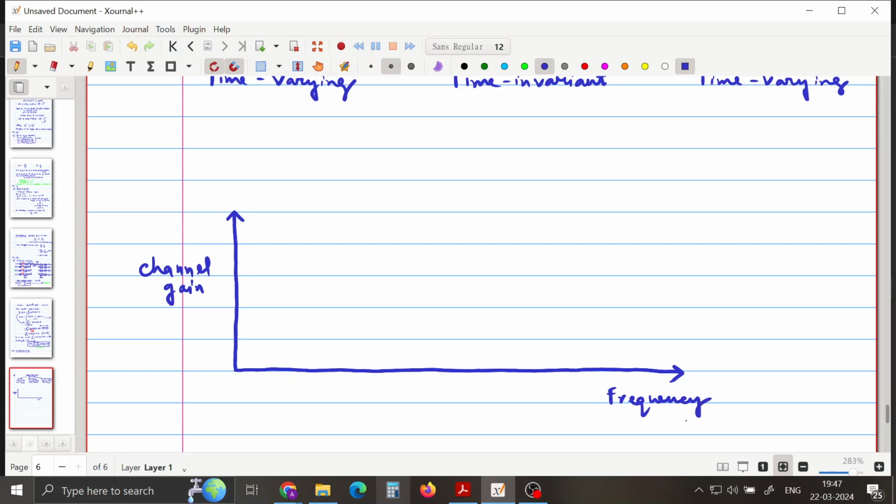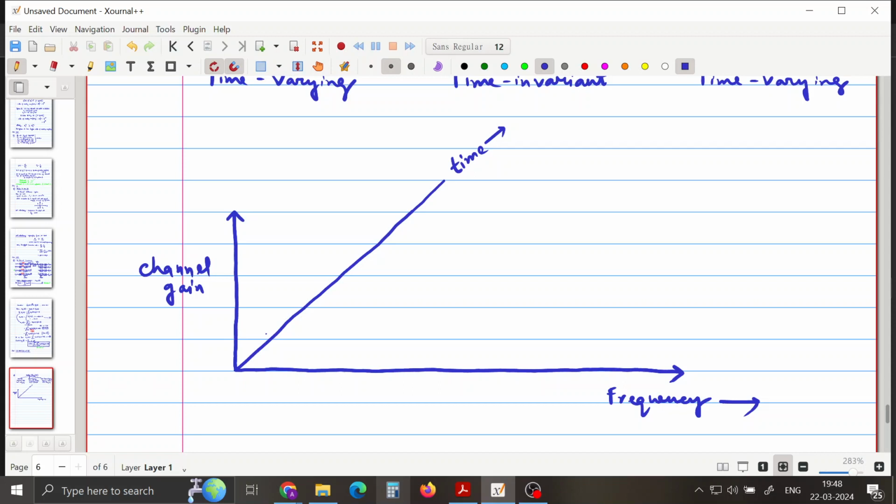This is a three-dimensional figure, so along the perpendicular direction you have another axis, my time axis. I have a frequency axis, a time axis, and I am observing the channel gain.